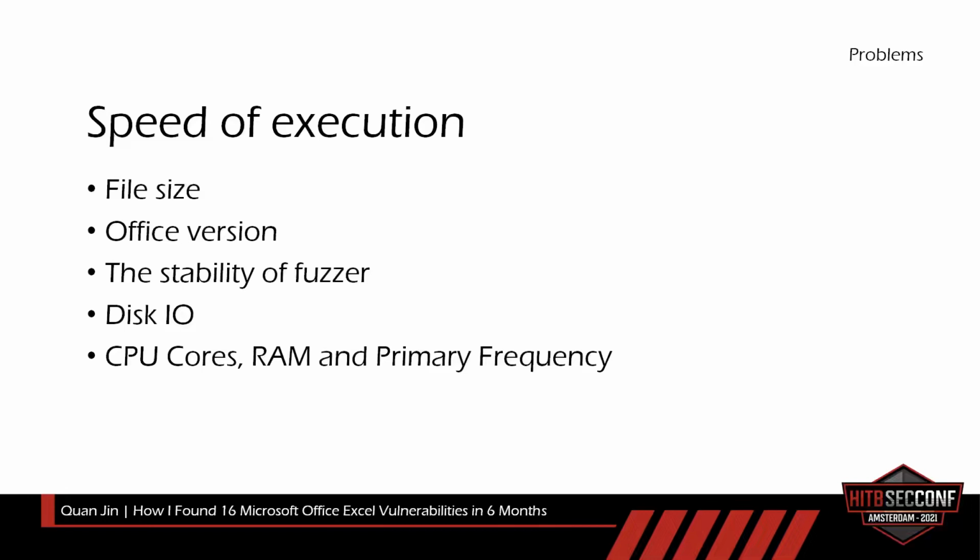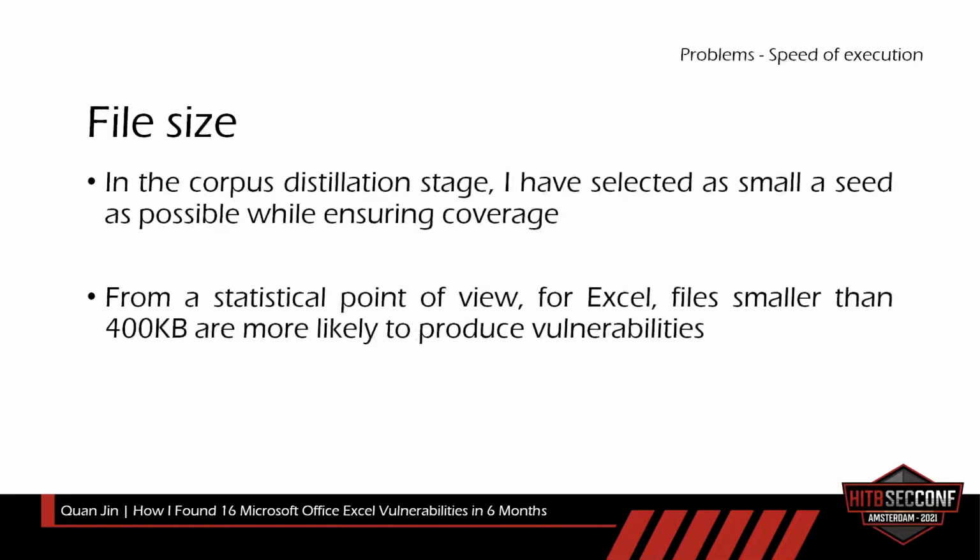File size. In the corpus distillation stage, I selected as small a seed as possible while ensuring coverage. From a statistical point of view, for Excel, files smaller than 400 KB are more likely to produce vulnerabilities.